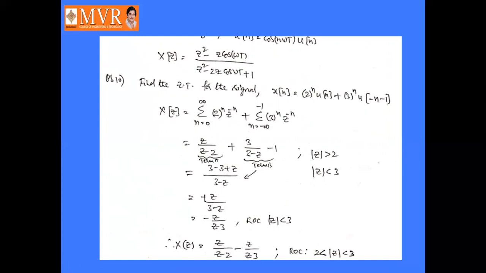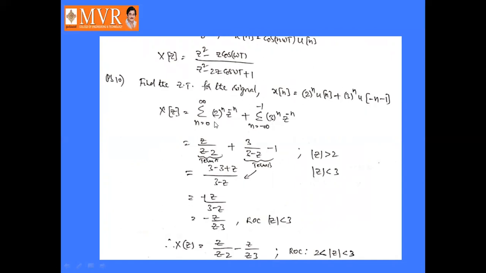So next problem is to find the z transform for the signal x of n equal to 2 power n into u of n plus 3 power n into u of minus n minus 1. Okay, so x of z is sigma n equal to 0 to infinity, since it is u of n, 2 power n into z power minus n plus sigma n is minus infinity to minus 1 3 power n into z power minus n.